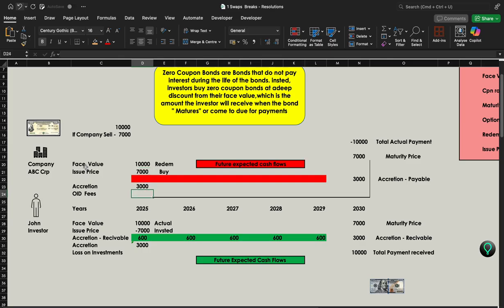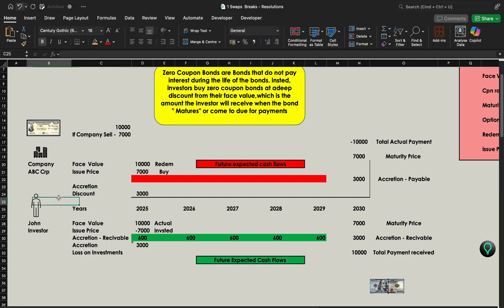So this is something called OID. OID means a fee or gain you can see on a discount issue. The discount on issuance means at the time of issuance of the bond you can see a discount of 3,000 on the bond investment. So that's what we call an OID fee, OID investment, or discount in short.